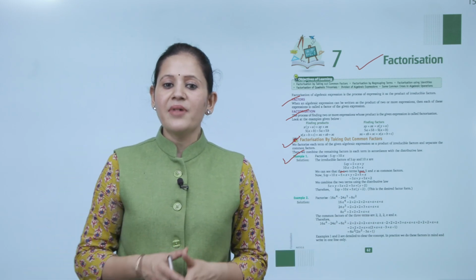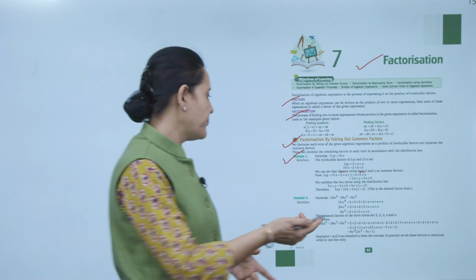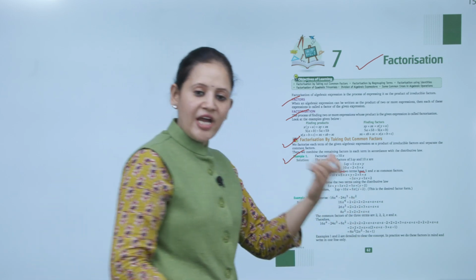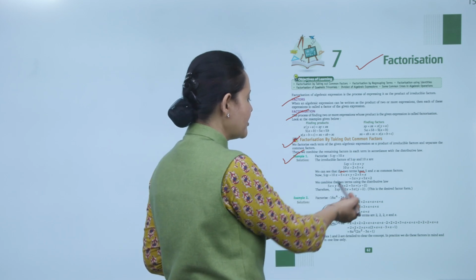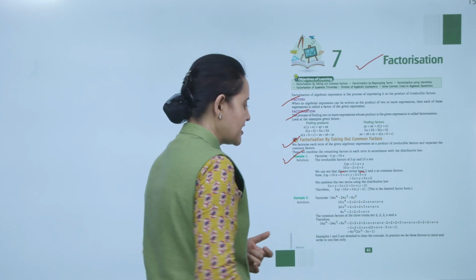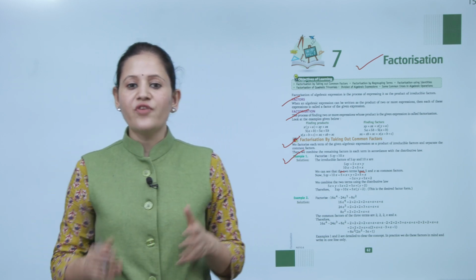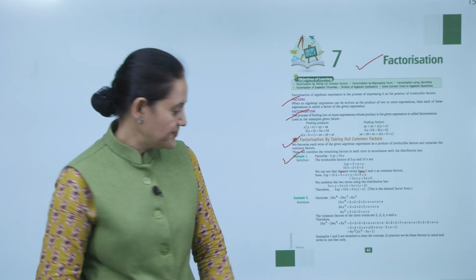Now we'll combine the two terms using the distributive law. How? We take 5x common, so what remains in the first term? y, and in the second term, 2. So 5xy plus 10x equals 5x into y plus 2. This is the desired factor form. Clear?